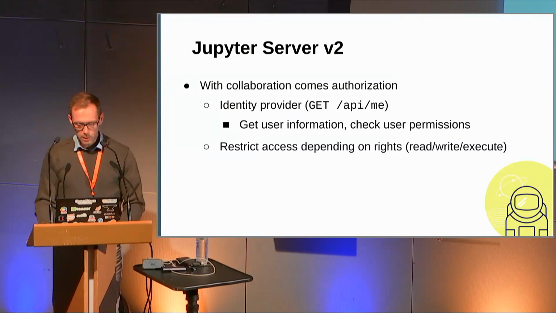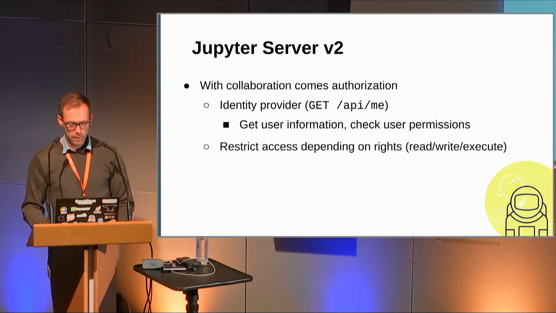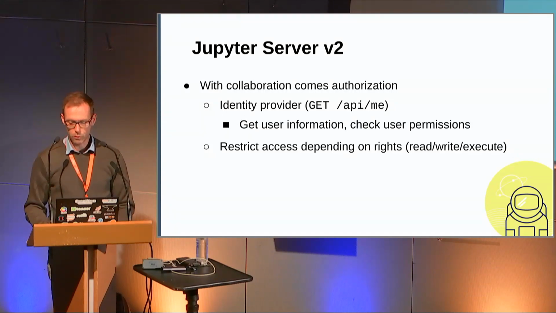So with this mechanism, we can restrict access depending on the rights and roles that users have. So we might be able to read a resource, write a resource, or execute it.